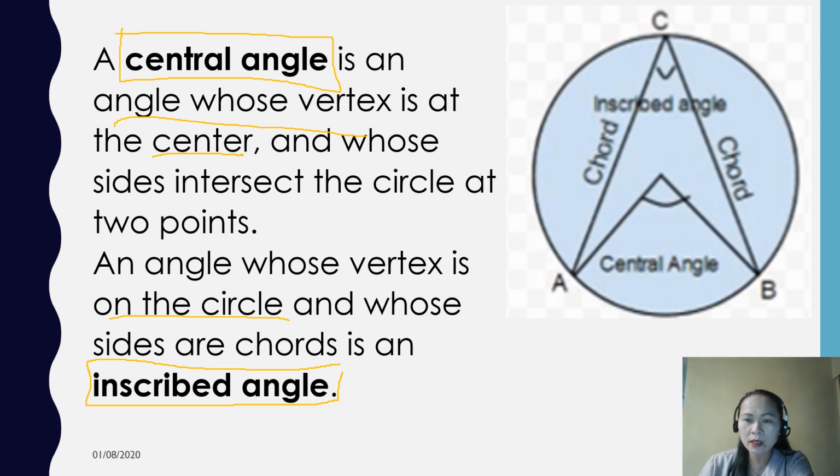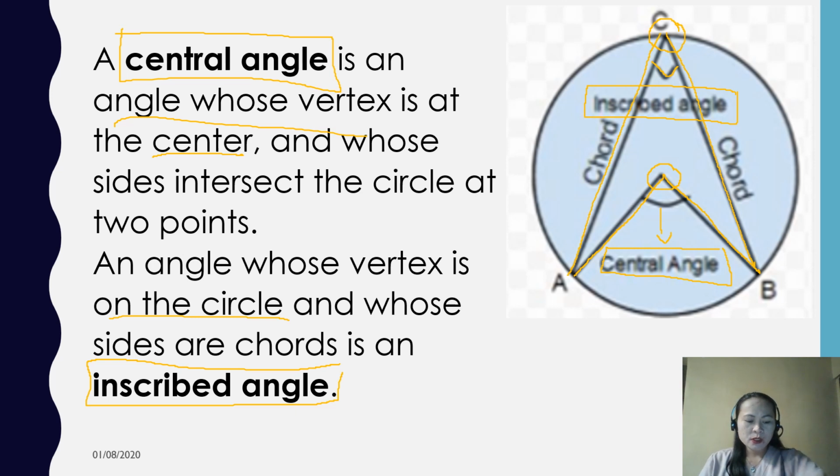Here in our illustration, we have two radii whose vertex is at the center of the circle, so that angle is called the central angle. Next, we have chord AC and chord CB, whose vertex is on the circumference of the circle, so this angle is an inscribed angle.